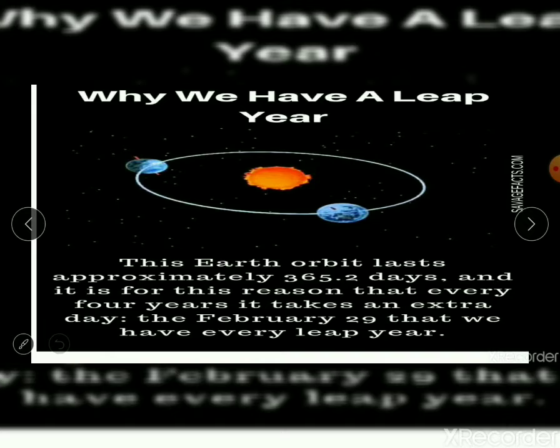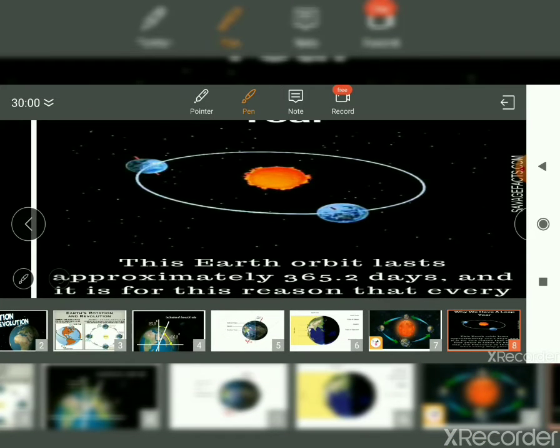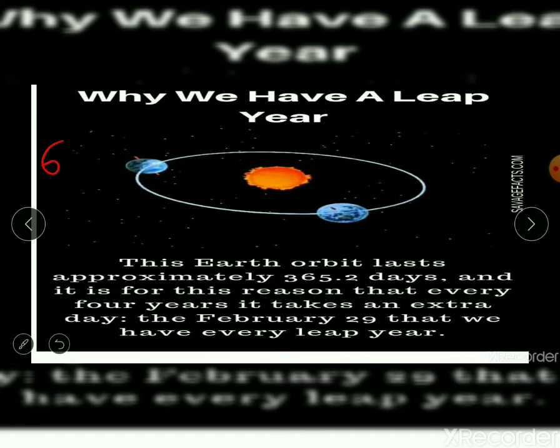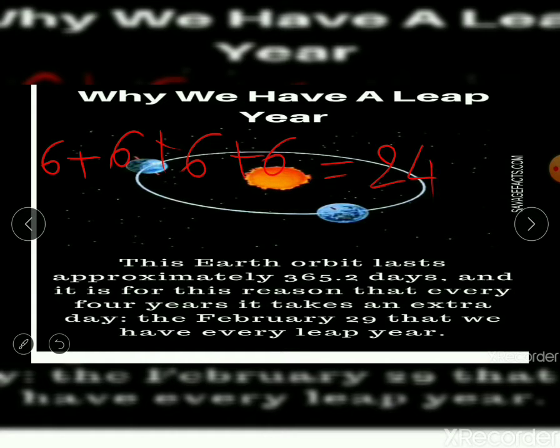You might be thinking, so what happens to these 6 hours? 6 hours every year are added to make one day, that is 24 hours, over a span of 4 years. That means 6 plus 6 plus 6 plus 6 is equal to 24. That is 24 hours is equal to 1 day.